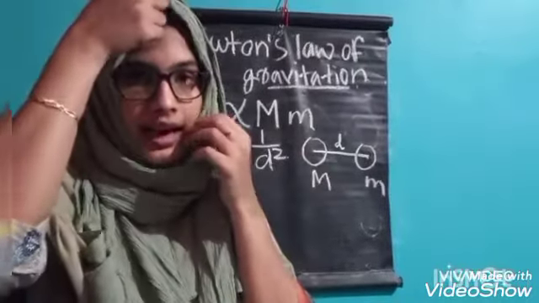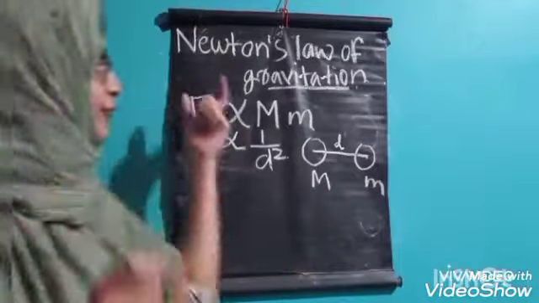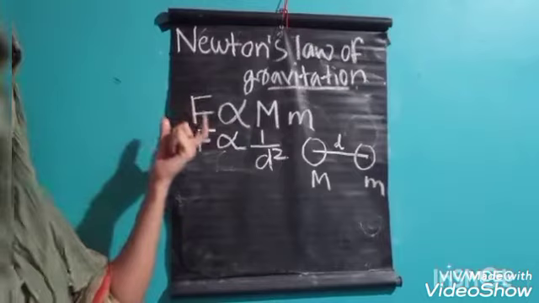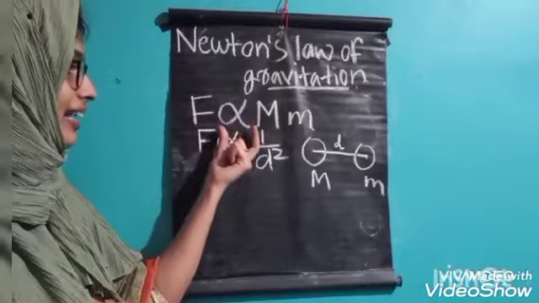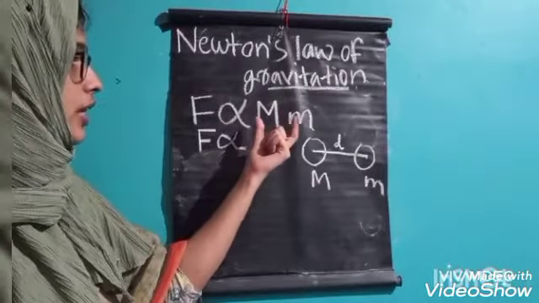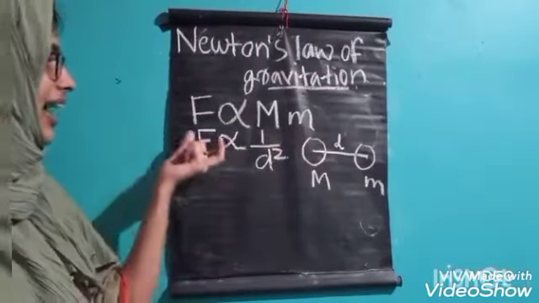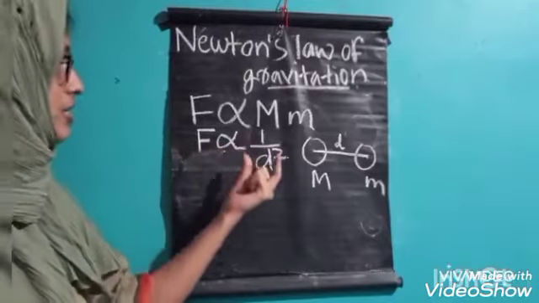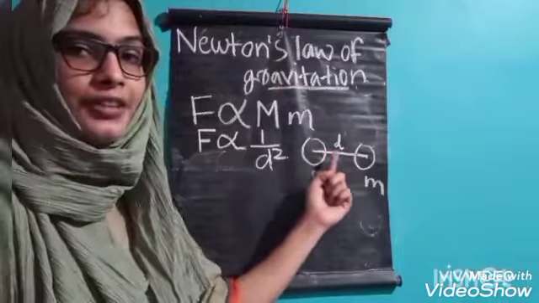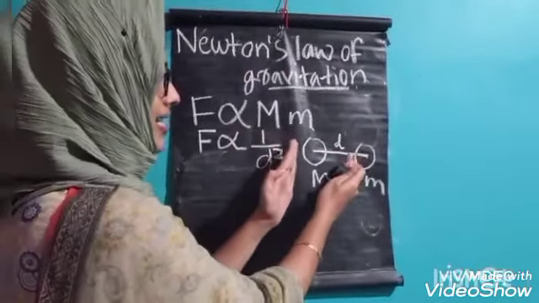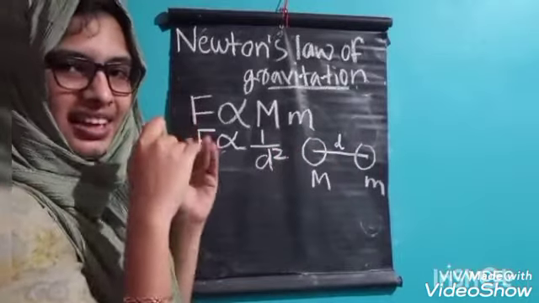Every object attracts every other object in the universe with a force of gravitation, and that force is directly proportional to the product of their masses, and inversely proportional to the square of the distance between them, because as the distance increases, the attraction between these two objects decreases.